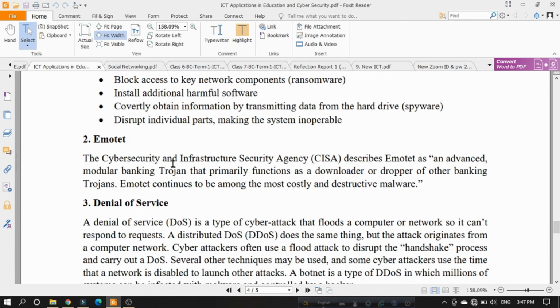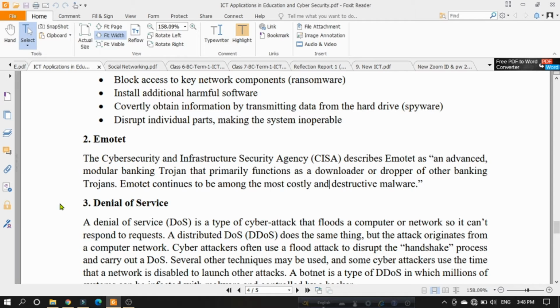Number 2, Emotet. The Cybersecurity and Infrastructure Security Agency, CISA, describes Emotet as an advanced modular banking Trojan that primarily functions as a downloader or dropper of other banking Trojans.